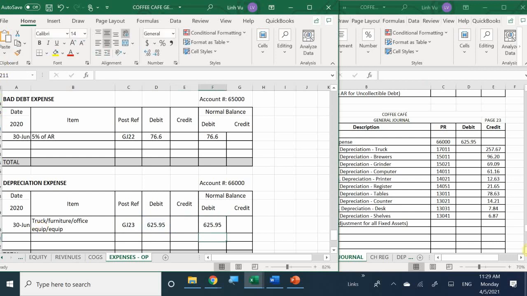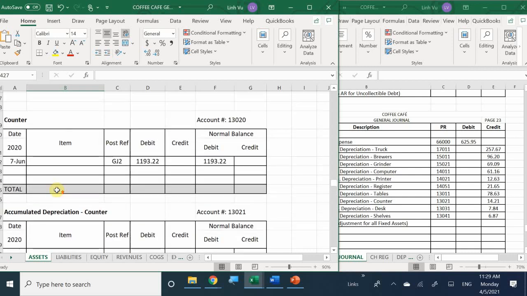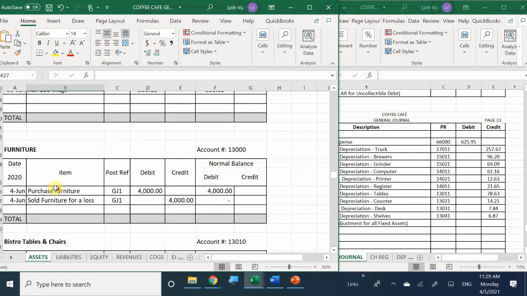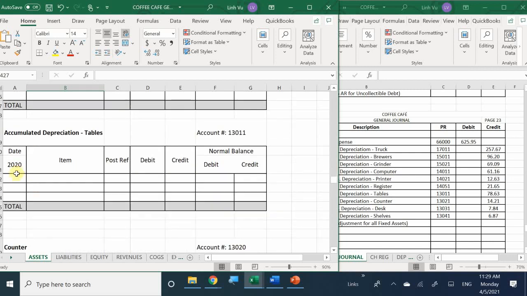All right, now we're going to go back to my assets, and I'm going to go down the line. I'm going to start up from the furniture. So bistro tables. How much was my accumulated depreciation for my tables?